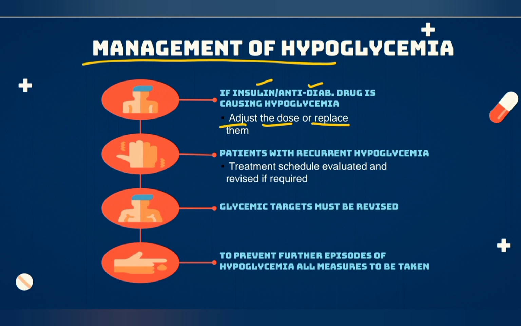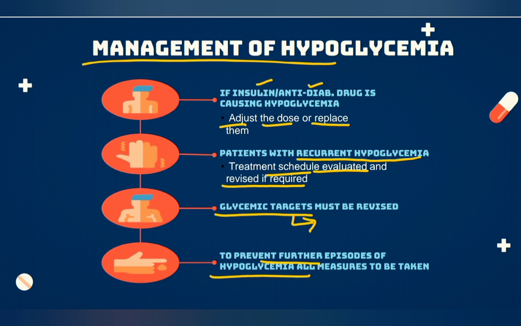The second one is if any person is having recurrent hypoglycemia, in such condition also we need to evaluate the treatment schedule of the person and revise the dose or medication of those persons. In the third step we can revise the glycemic targets and set an appropriate glycemic target for such persons. And apart from that we can also take some other preventive measures to further prevent hypoglycemia-like conditions.